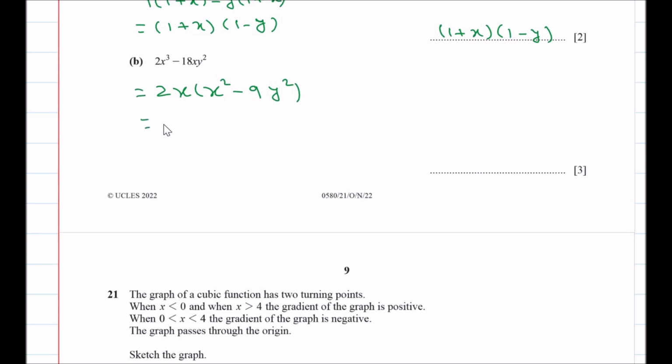Now you can see here x square minus 9y square is in the form a square minus b square. So we can write a plus b into a minus b. 2x as it is. Here the square root of x square is x, plus the square root of 9 is 3 and the square root of y square is y, x plus 3y and x minus 3y. Using a plus b into a minus b, we got this. So this is your answer.